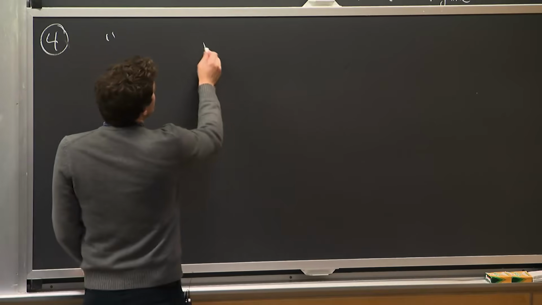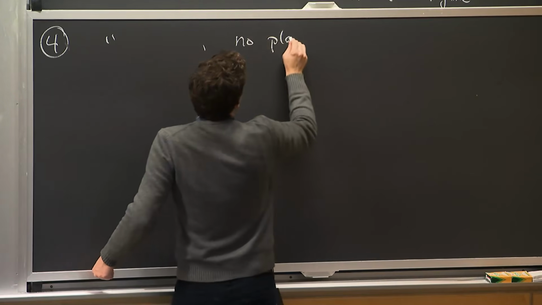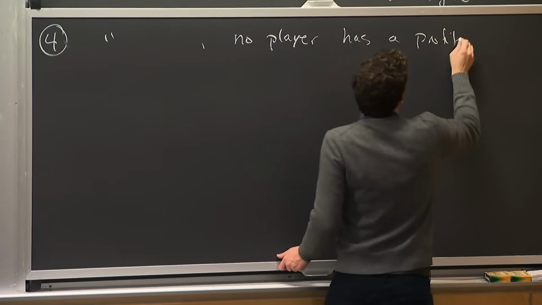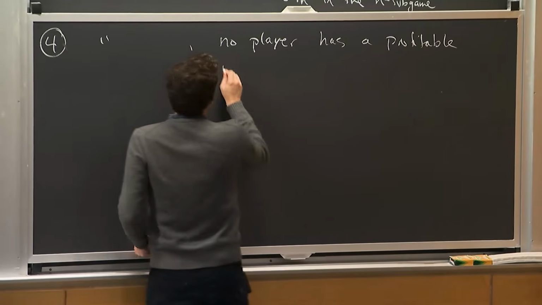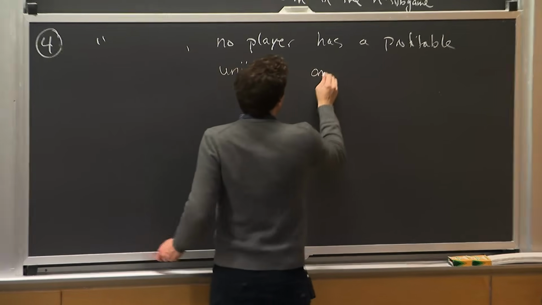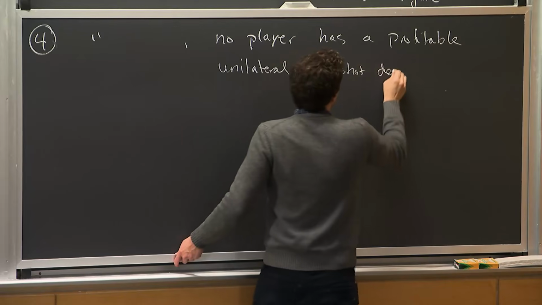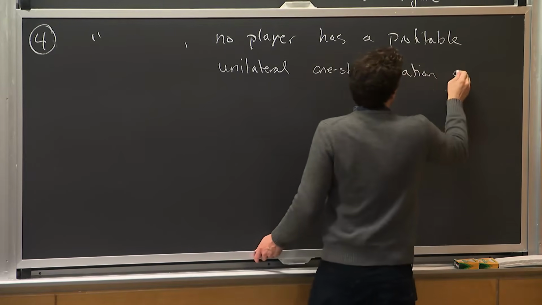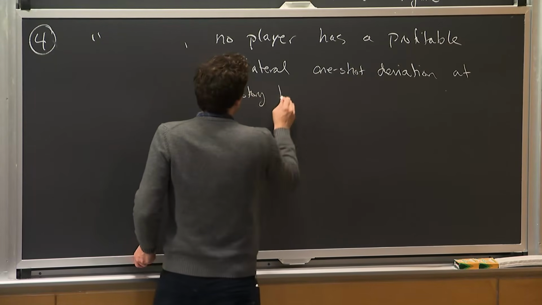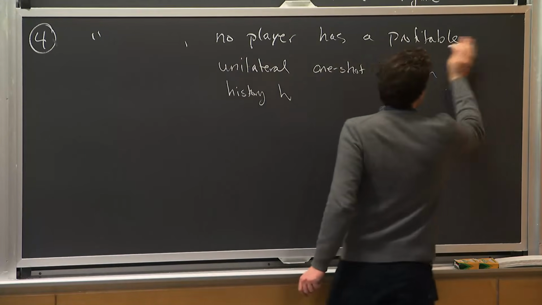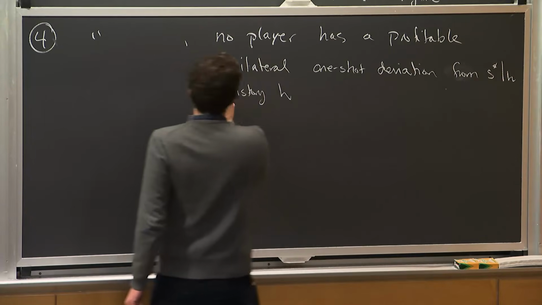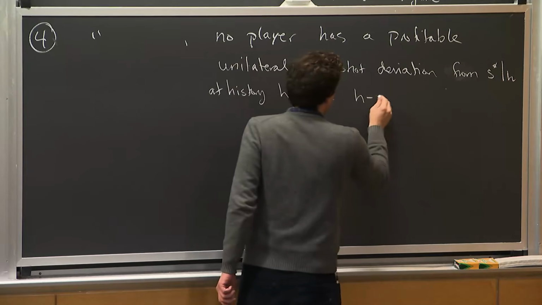And what it says is that at every history, no player has a profitable unilateral one-shot deviation from S star H at history H in the H subgame.